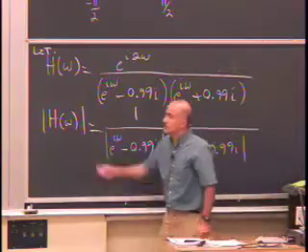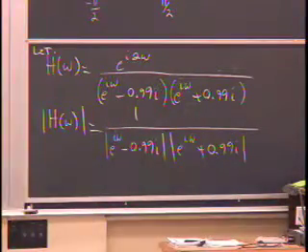The shorter one or the larger one? The shorter one, because that's going to be tiny. 0.01 in the denominator, I'll have a 0.01 times a number that's pretty close to 2.